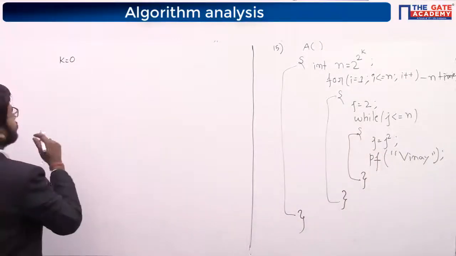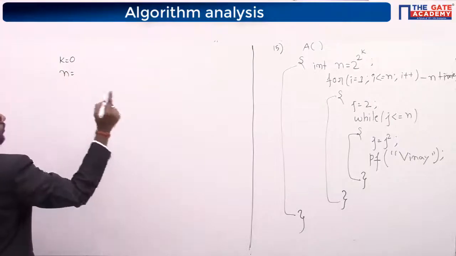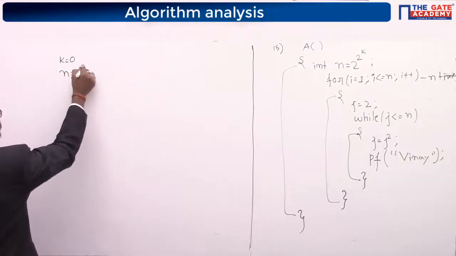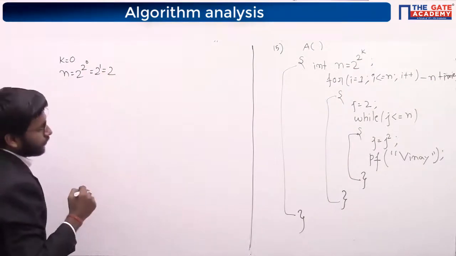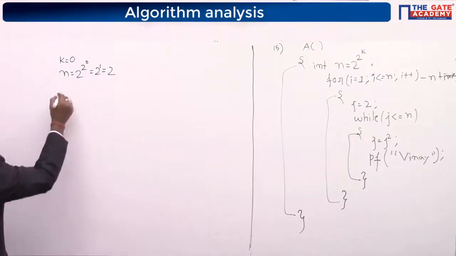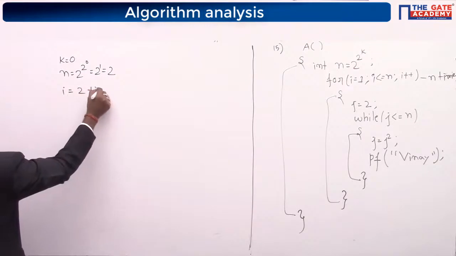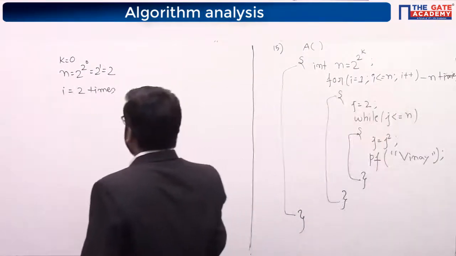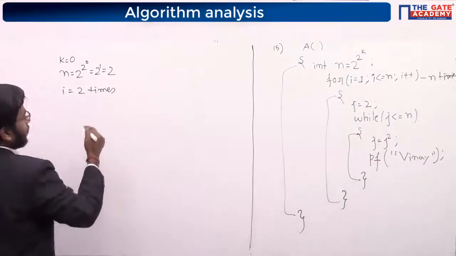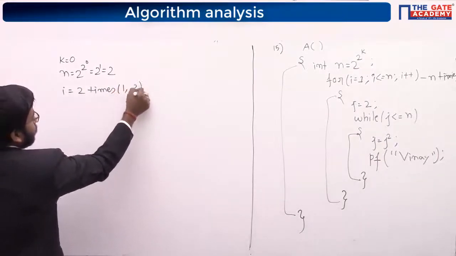So when k equals 0, n equals 2 to the power 2^0, which is 2 to the power 1, that is 2. So our i is going to execute 2 times. Now for one value of i, first it will be 1, then it will be 2.